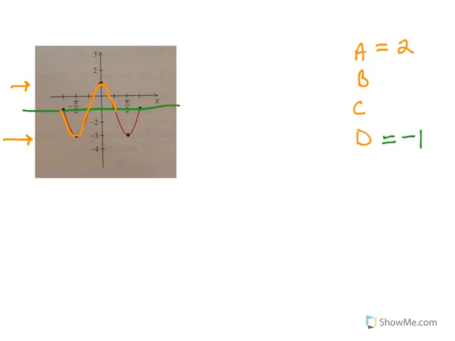If they were focusing on this part of the graph, that would have to be a negative a value because it's upside down. And then they're going to have a different phase shift since they shifted to the left all the way back to here instead of shifting to the left back to here. So there are different answers when you're writing the equation of a sine function.